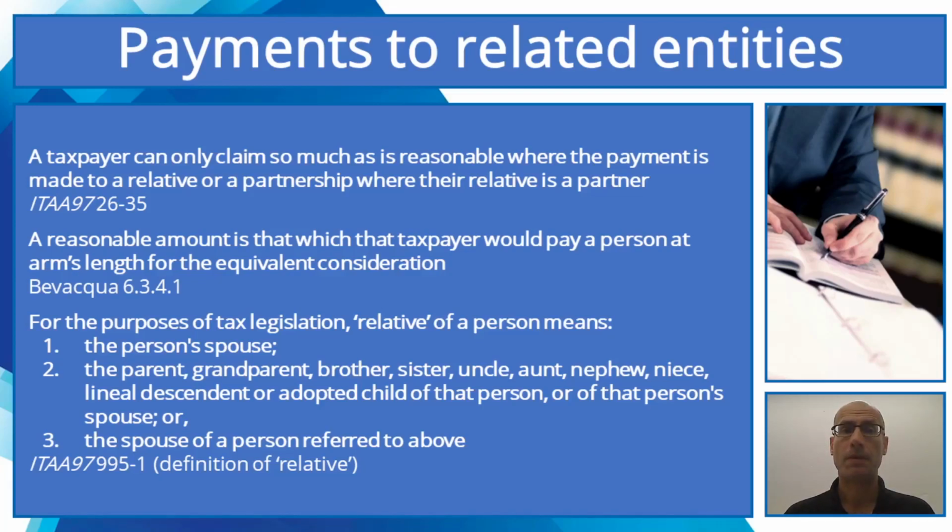Now, in regards to this reasonable amount, the courts just look at market values. They look at award amounts. So in situations where you're paying somebody to do a particular service for you and you're related to them, an appropriate mechanism, if you do want to obtain the full tax benefit, is to pay the award amount. That's the industry negotiated wage for that particular service.